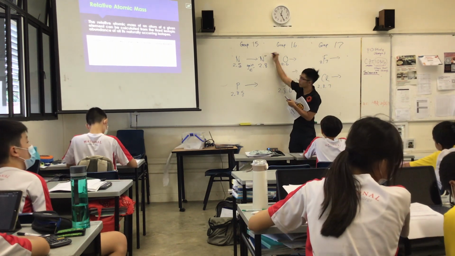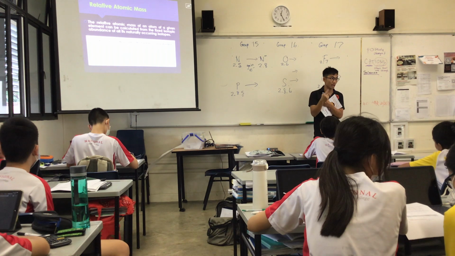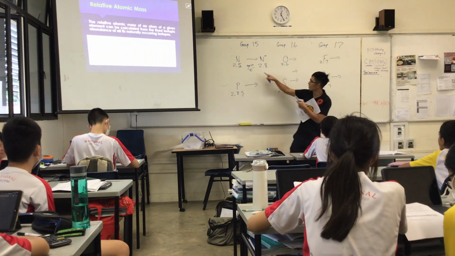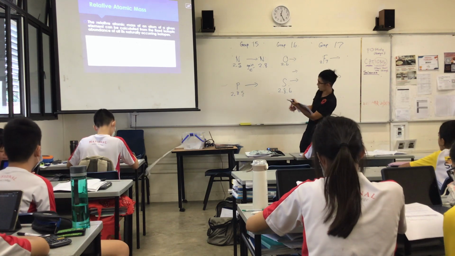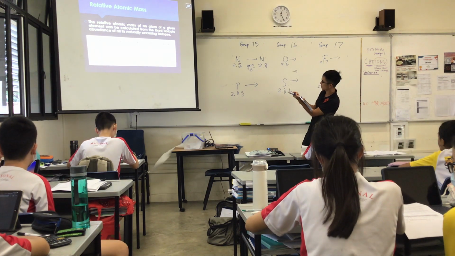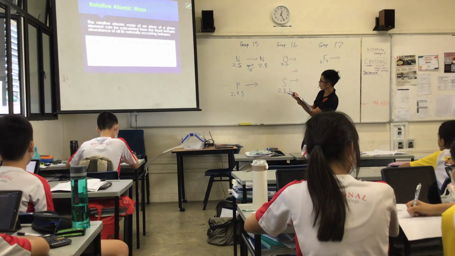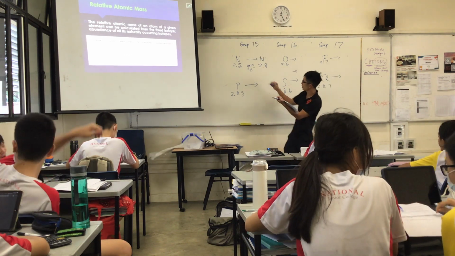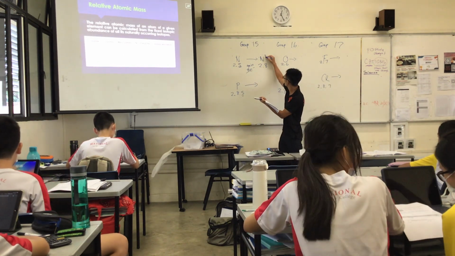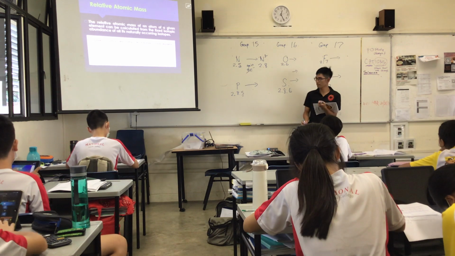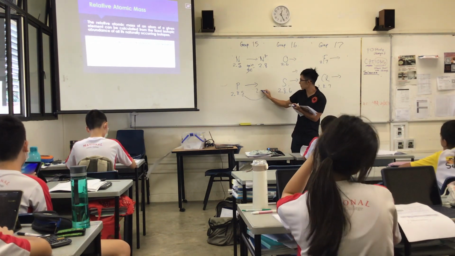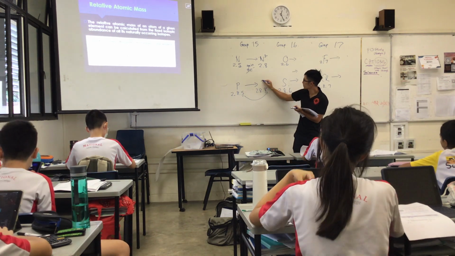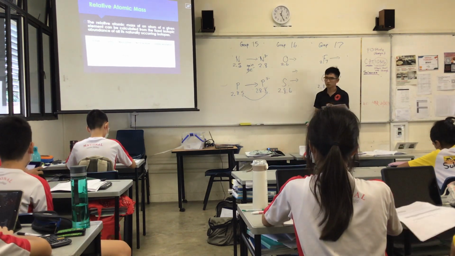Wait, hold on, something's not right. 2, 5, 3, gain 3 electrons. Okay, 3 minus. Next, for phosphorus, you just need to gain 3 electrons. Follow it?